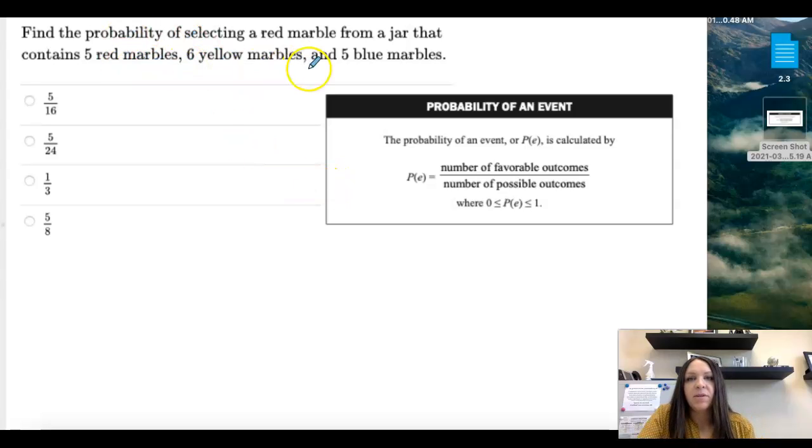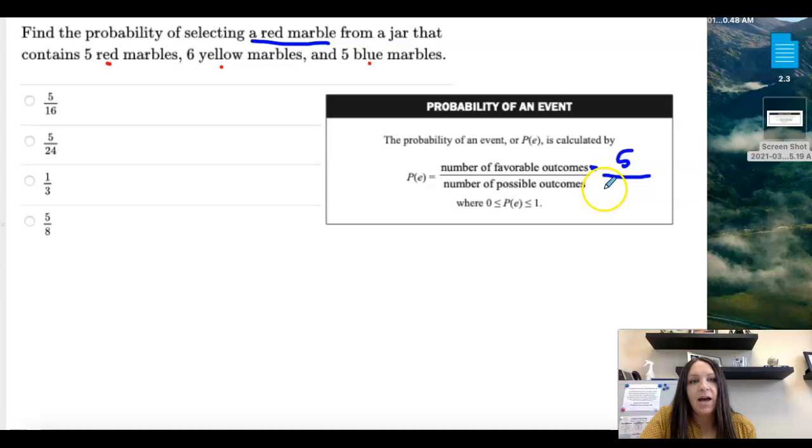So if I'm selecting a marble, I want a red marble. That's the favorable outcome. And so I'm going to have 5 red marbles to choose from. And then the bottom is possible outcomes. There could be a chance I draw a yellow marble or a blue or a red.